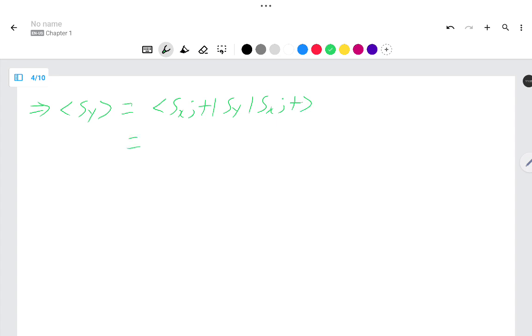We know this is going to be h bar upon 2, and how do we write Sy? It is negative i plus minus plus i minus plus.